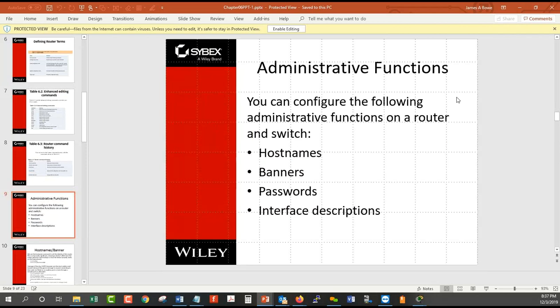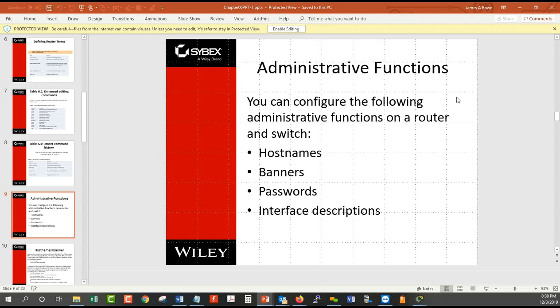From time to time, I may have a question in there. We've talked about host names. We haven't so much gotten into banners, but banners are simply messages that appear at the different prompts. So take a look at your book if you want to come up to speed on those. They're very easy to set up.